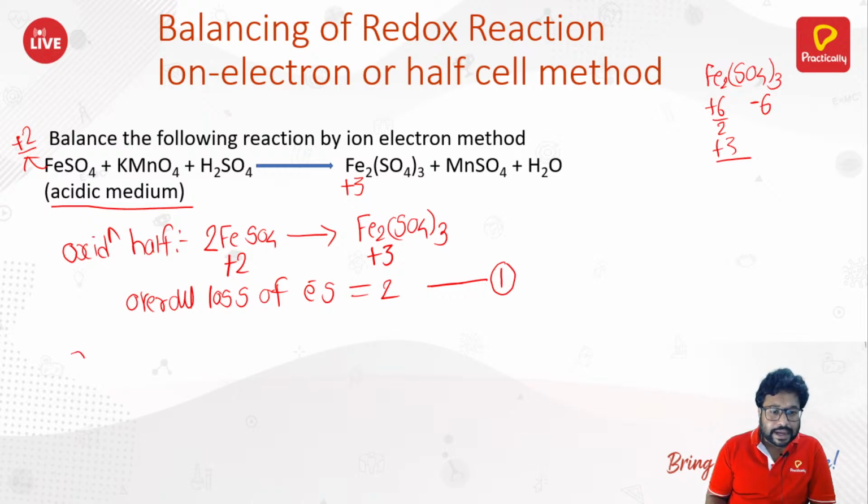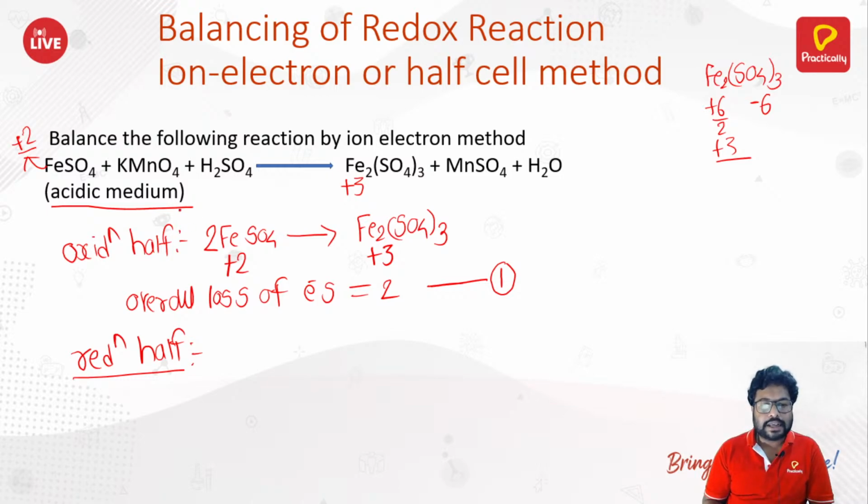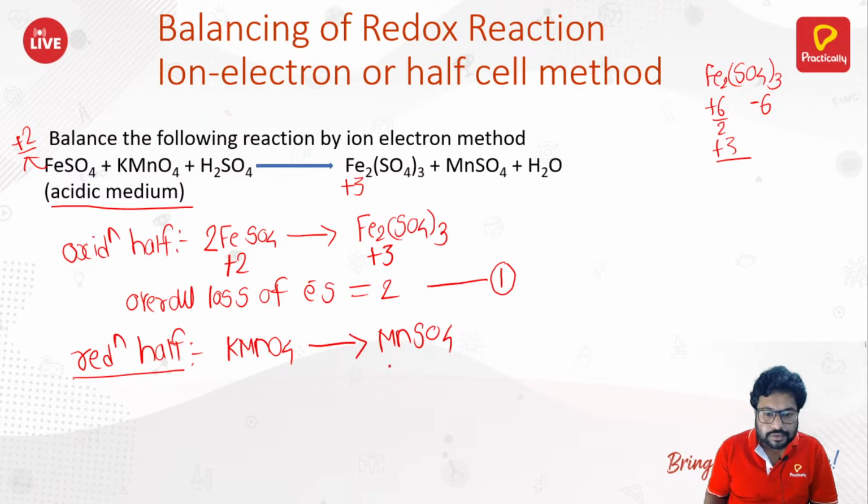Then write the reduction half. Now in the reduction half, you can see in KMnO4 your manganese is in +7, and in MnSO4 your manganese is in +2.